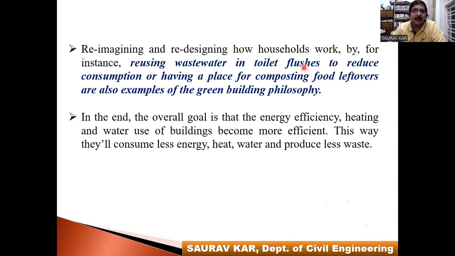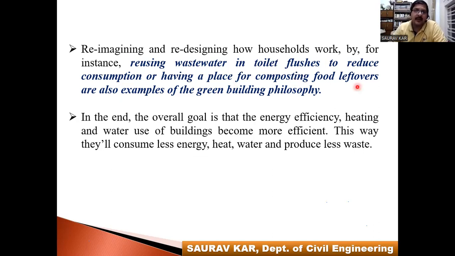For example, in many cities in Japan, they have installed flushes in such a manner that the water they use for brushing their teeth in the morning is stored in the toilet flush, and they use it for other toilet purposes. So, reusing wastewater in toilet flush to reduce consumption, and also composting the food leftovers.